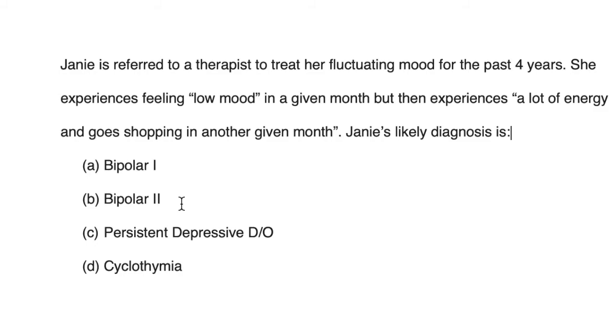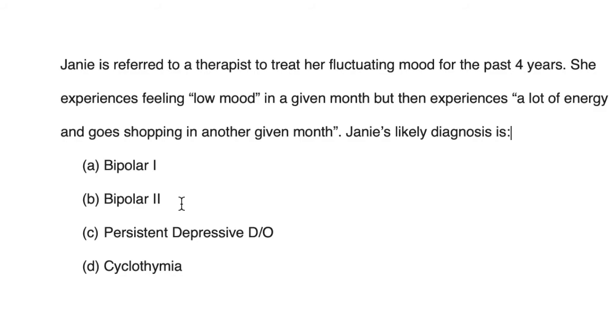Option C, persistent depressive disorder or dysthymia. So like we've talked about earlier, this is characterized by chronic low mood, a lower grade of depression, but there is obviously something else going on in this vignette, which leads us to option D. She is experiencing a lot of energy and goes shopping in another given month.